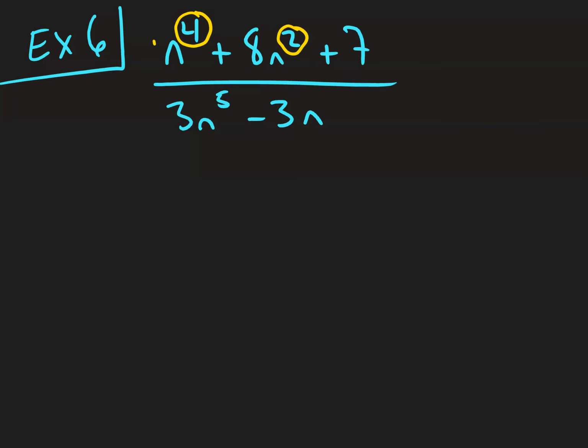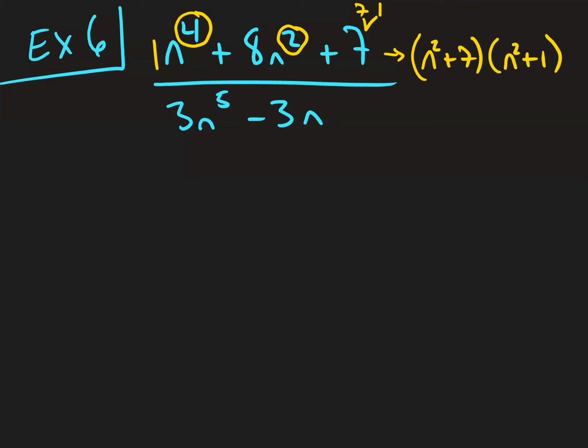Since our a value is equal to 1, it's very simple. I just have to figure out what factors of 7 would add up to 8. Those would be 7 and 1. So instead of having the factors n plus 7 times n plus 1, since this is a degree 4 polynomial with degree 2 in the middle, these are actually going to be n squared plus 7 and n squared plus 1.